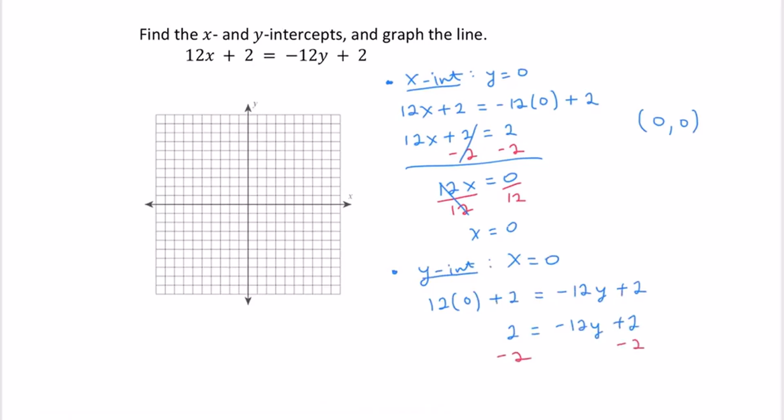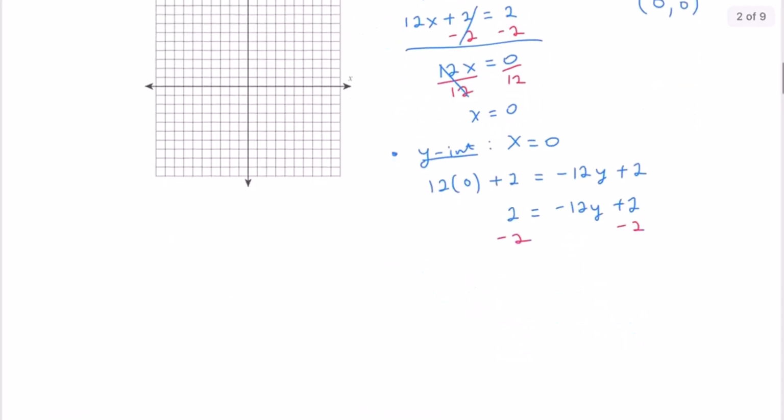Minus 2 over. And we have 0 is equal to negative 12y. Divide out the negative 12. The y is 0. So here the y-intercept is also the point 0, 0.